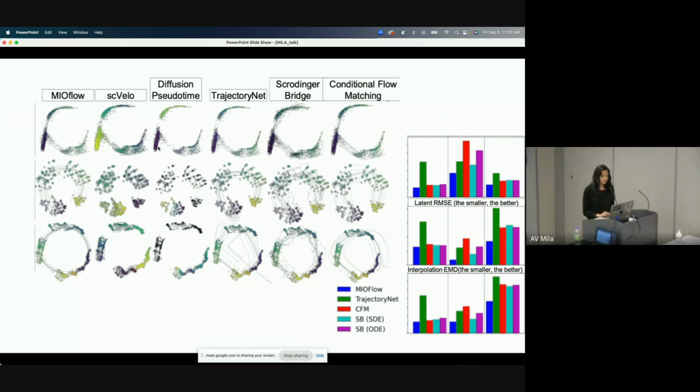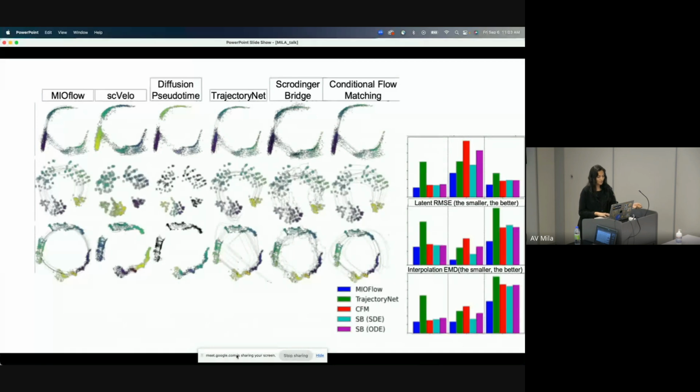And diffusion pseudotime just gives you one axis of progression. So over that, the flow-based models can give you actual trajectories, but you see that if they're not completely regularized correctly, they can cut across space, they can give you squiggly, energy inefficient trajectories, or a variety of other problems.